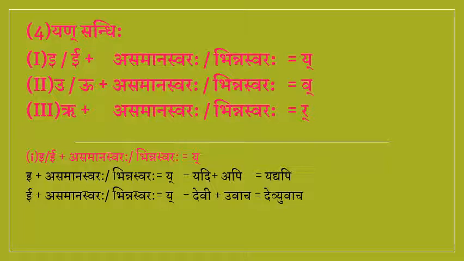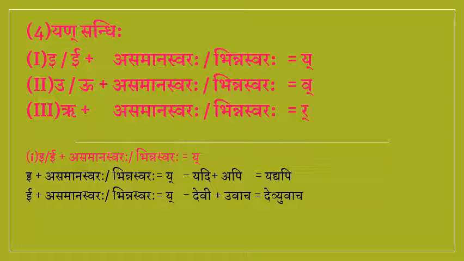It's called a dissimilar vowel. If the left side is O or Oo, the right side O or Oo cannot come. That is called asamana swara or bhinna swara. So other than O or Oo, it can come. That is called a dissimilar vowel. If the left side is R, then on the right side the word cannot start with R. That is called asamana swara.